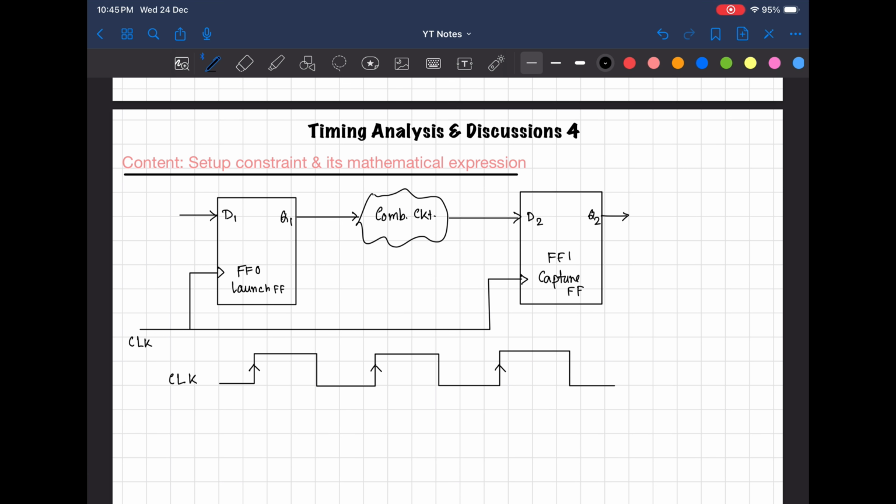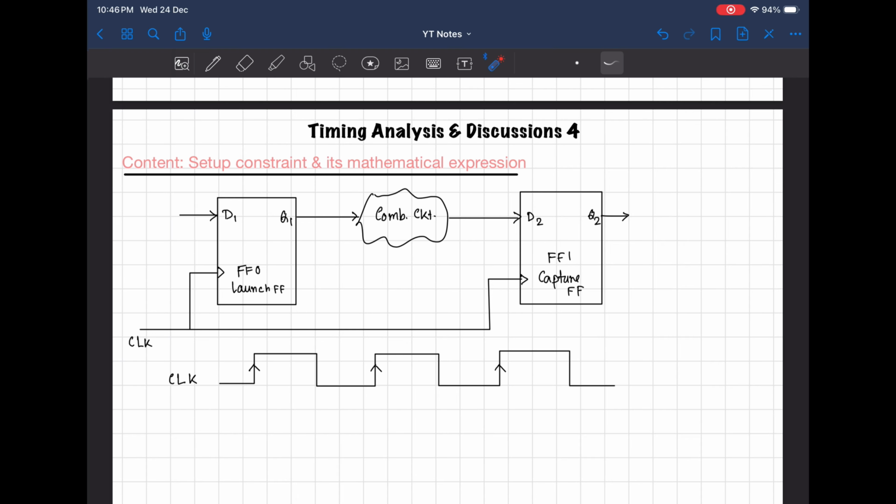For setup, I will explain two basic definitions. The very basic definition: forget about the launch and capture flip flops, just think there is a flop with data input coming at the D2 pin, data coming one by one. You have to sample the data at a particular clock edge, either negative or positive.